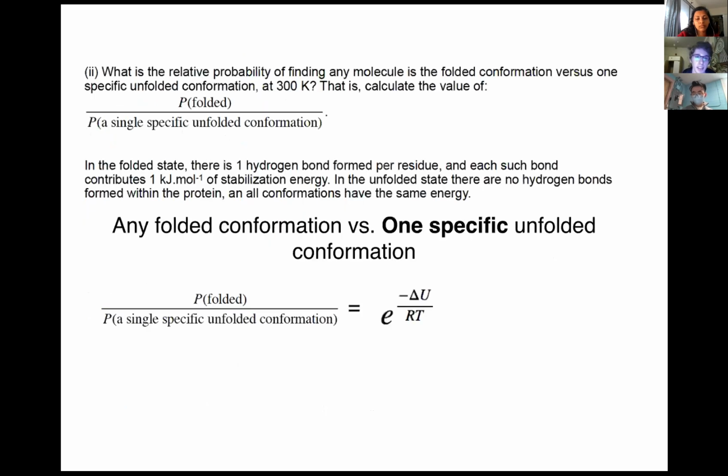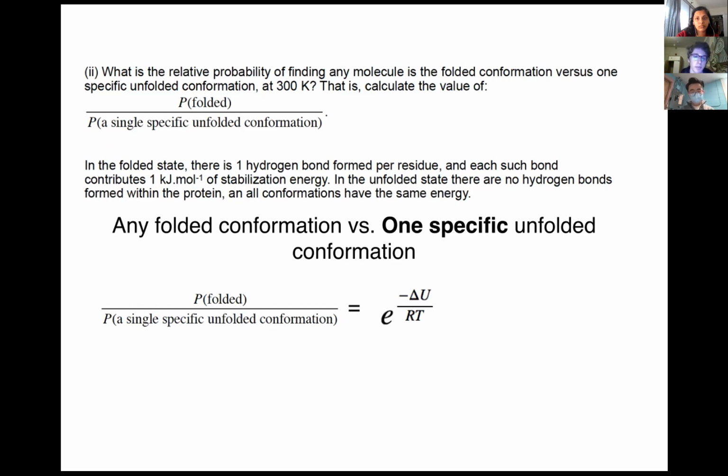All right. So part 2 is asking for the relative probability of finding each molecule in each state at 300 Kelvin. We're given that the folded state can have 1 hydrogen bond per residue, and the unfolded state has no hydrogen bonds, and each hydrogen bond contributes -1 kilojoule per mole.